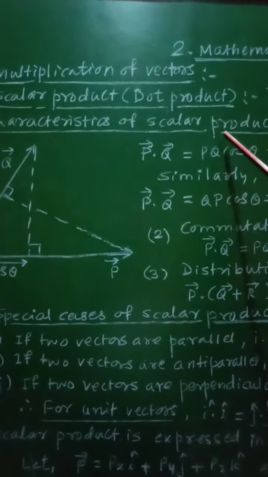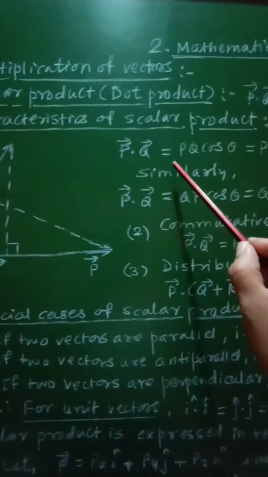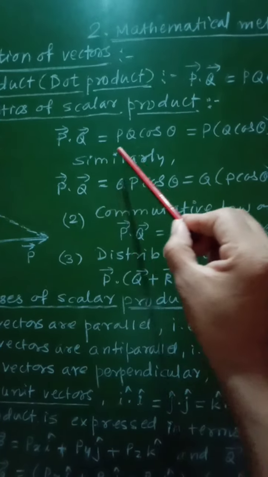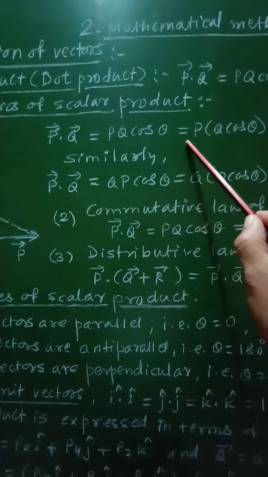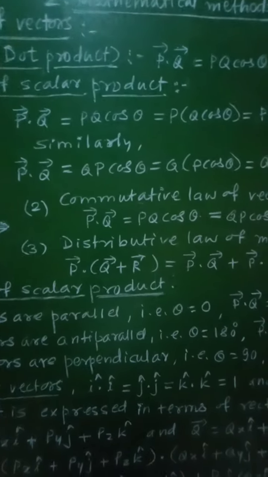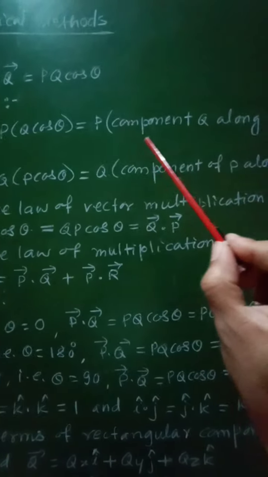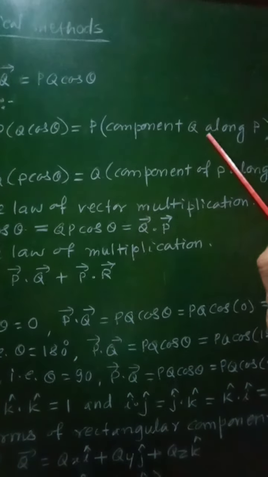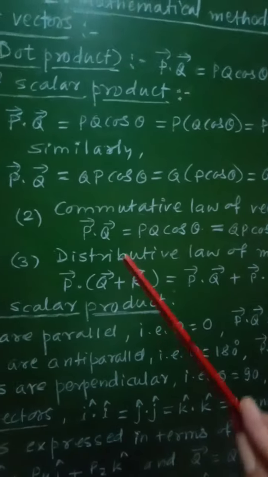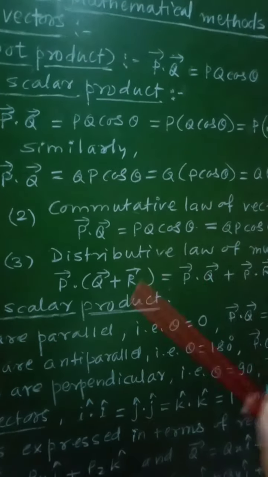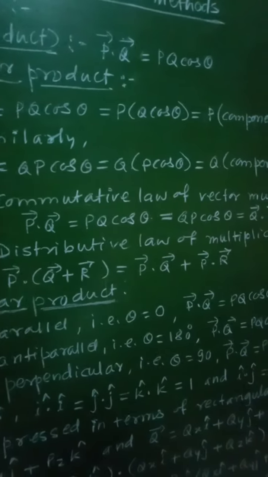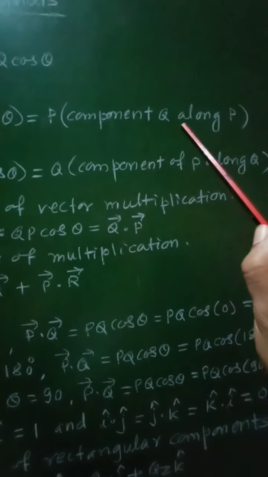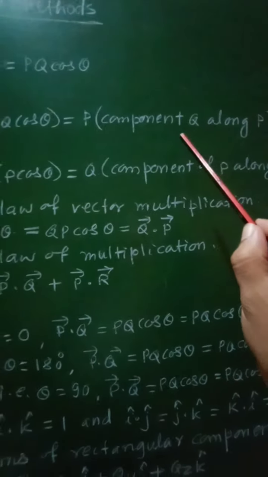The first characteristic will be stated as: the scalar product of two vectors is equivalent to the product of the magnitude of one vector and the component of the other vector in the direction of the first vector.